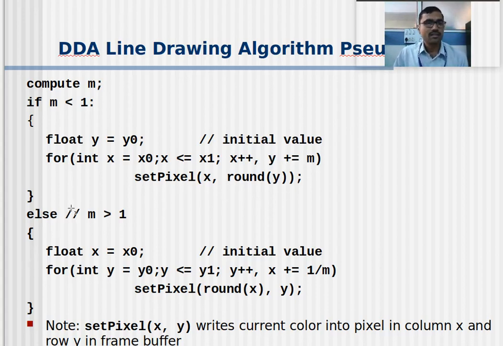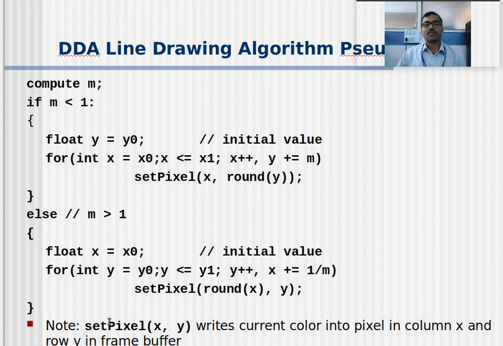Else, the other case is m greater than 1, so dy is greater than dx: float x = x0, the initial value, and int y = y0, y less than or equal to y1, y++, that is, unit increment in y, and the relative x value is calculated, that is, x = x + 1/m, and set pixel (round x, y).